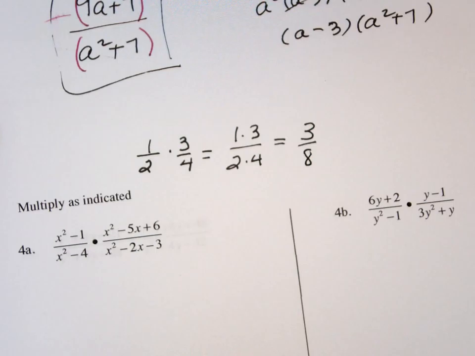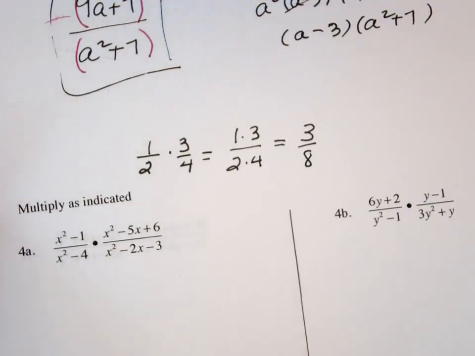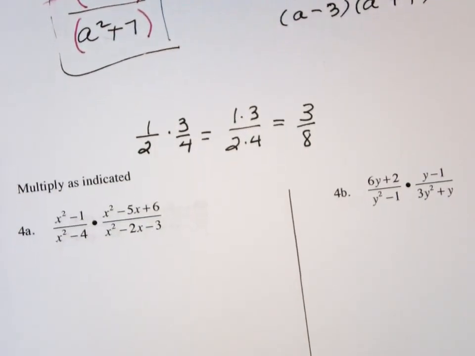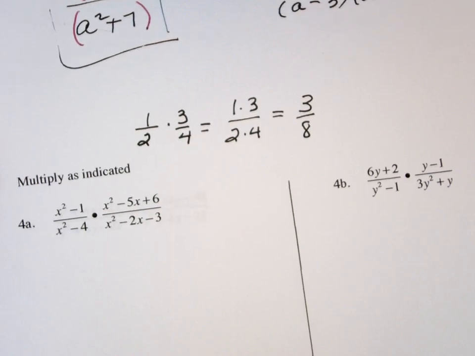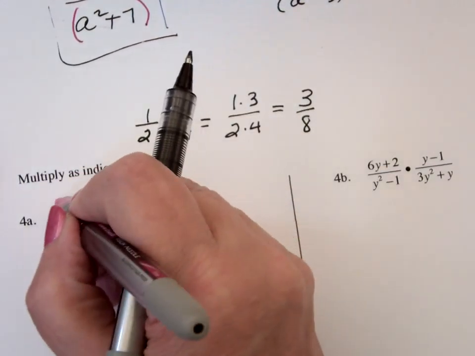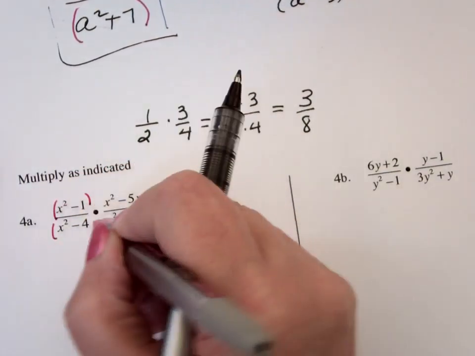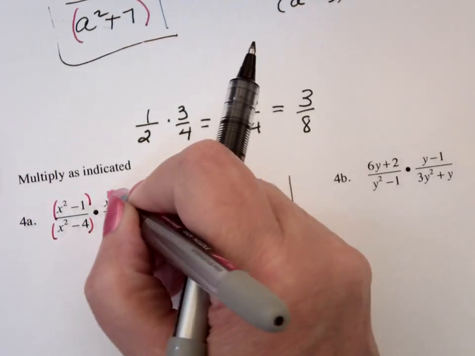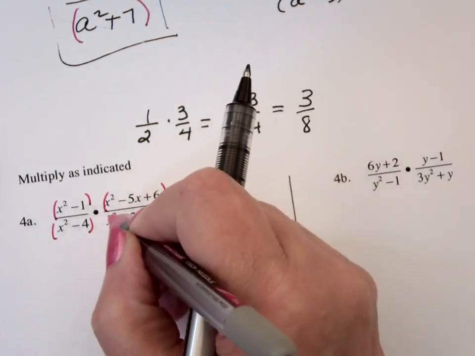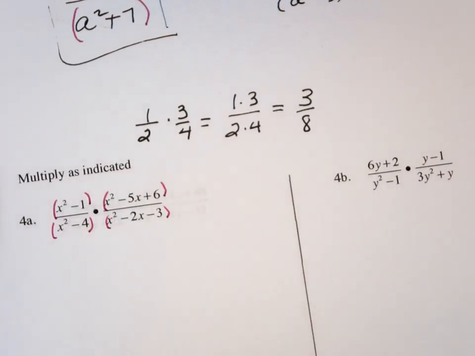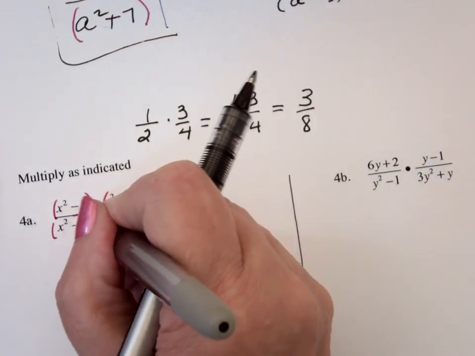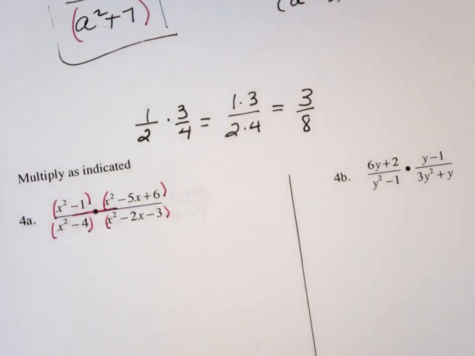And there's no difference between multiplication in arithmetic and multiplication in algebra. This is a grouping because it's more than one term. And additions and subtractions join the terms together so that if I multiply, it makes one single fraction.